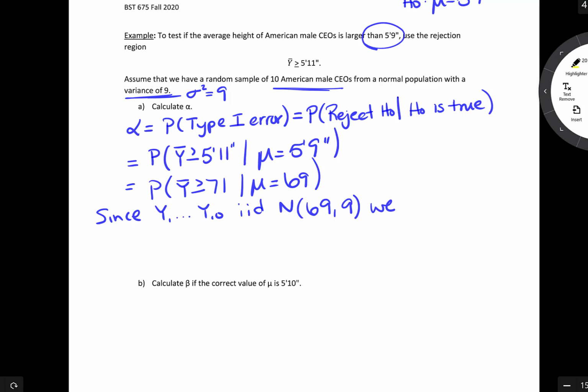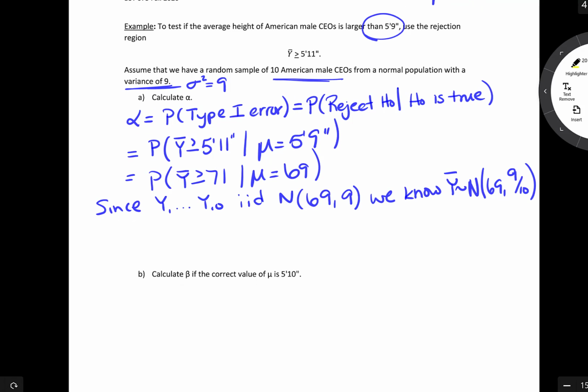We know something about the distribution of y bar under the null hypothesis. So under the null hypothesis, we know that y bar is also going to be distributed normal with mean 69 inches, and then the variance is going to be equal to sigma squared divided by n, or 9 divided by 10. So we can use this information to help us find the probability that we're interested in.